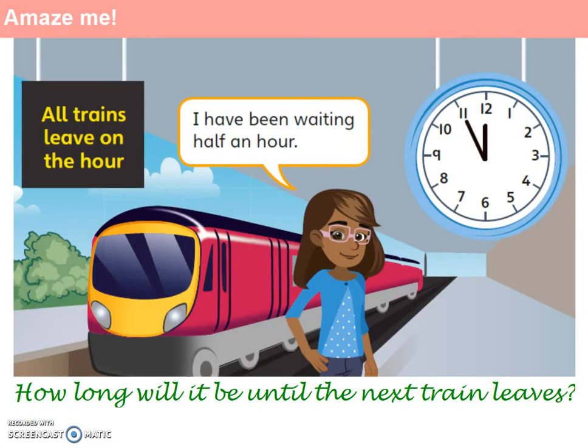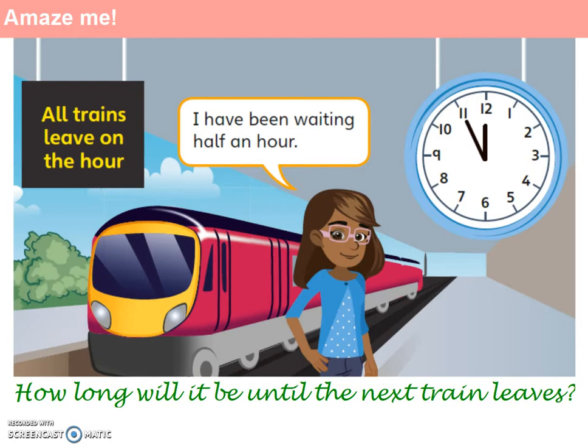Now for question 1b, we were asked how long will it be until the next train leaves? And once again, what we need to think about here is this idea that every train leaves on the hour. Now that all trains leave on the hour means every train leaves at an o'clock time.